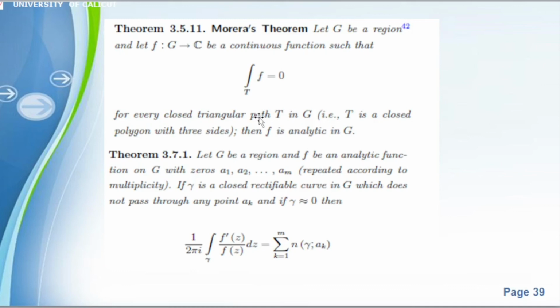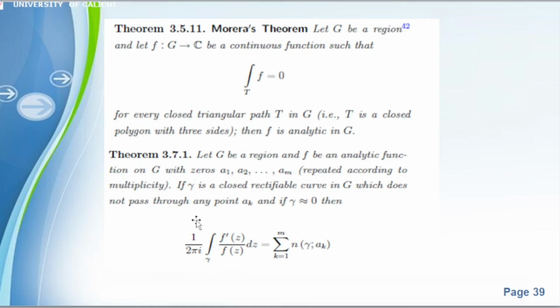Let G be a region and f an analytic function with zeros a1, a2, etc., am. If γ is a closed rectifiable curve which does not pass through any points ak, then 1/(2πi) times the integral of f'(z)/f(z) dz is equal to the sum of n(γ; ak).